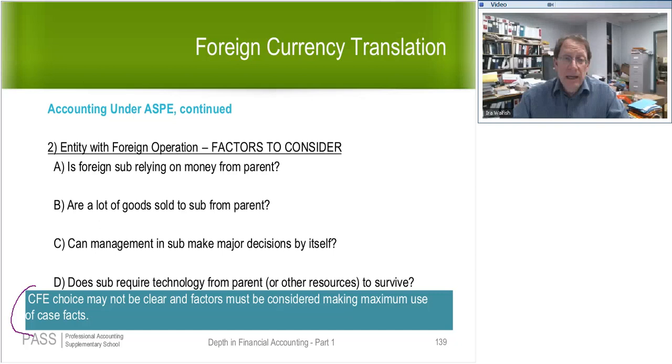What you really want to see is how much the Canadian operation is involved. How much are they controlling? Are they selling all the goods to the States, to their sub? Are they negotiating the financing for the sub? How much involved are they? You're going to have to use your judgment because you have to classify it as either self-sustaining or integrated.